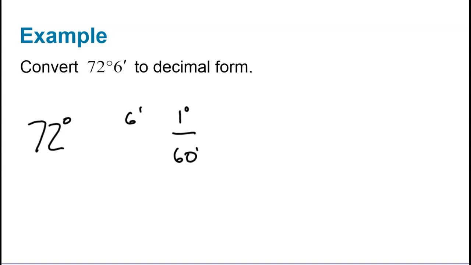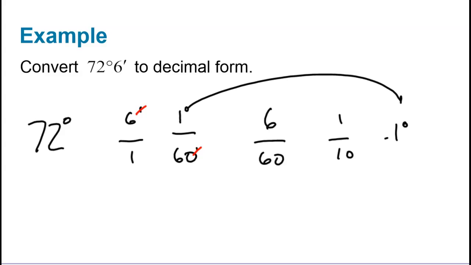And so our units will cancel out here and here. We'll multiply straight across. 6 times 1 is 6. And remember, any whole number is always over 1. 1 times 60 is 60. And so this simplifies to 1/10. And we can divide 1 by 10, and we have 0.1, and bring our unit over, degrees. And so now we can say we have 72.1 degrees, which we can use in a calculation later on.